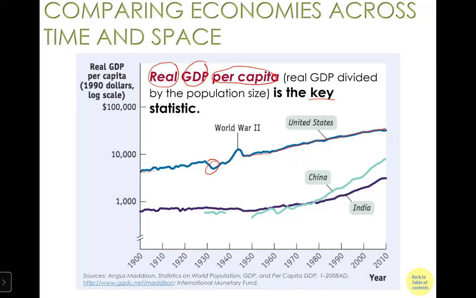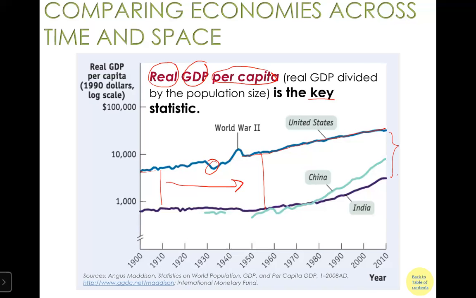Now, if we look at India, the economy is significantly poorer compared to the United States. But interestingly, the gap is changing over time. At some point the gap is widening, but recently the gap starts to narrow.